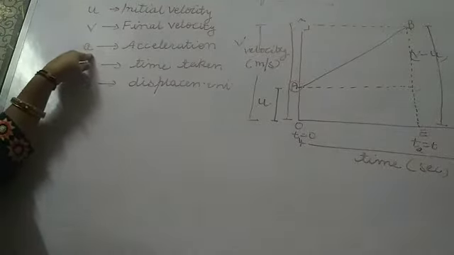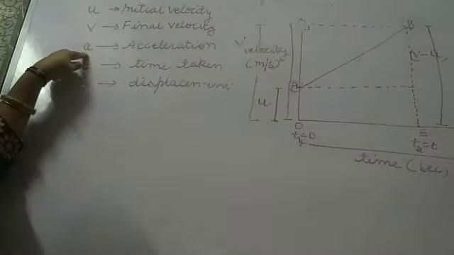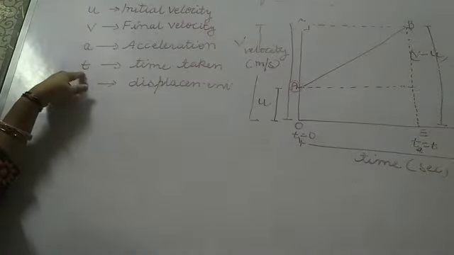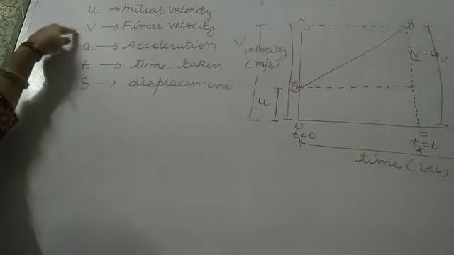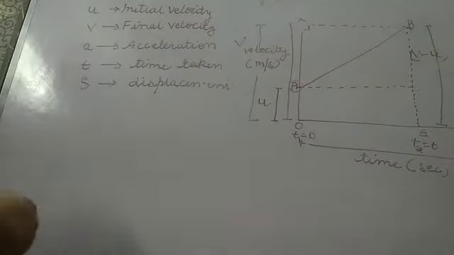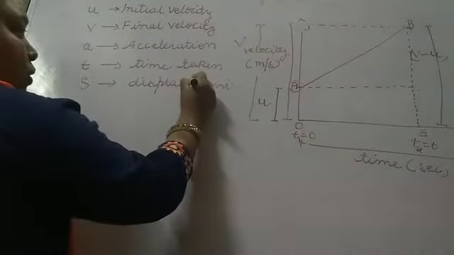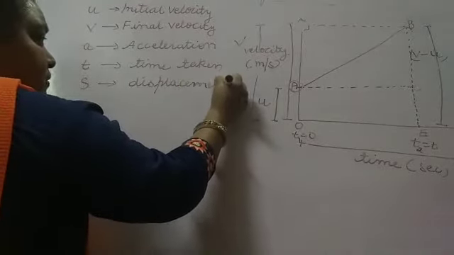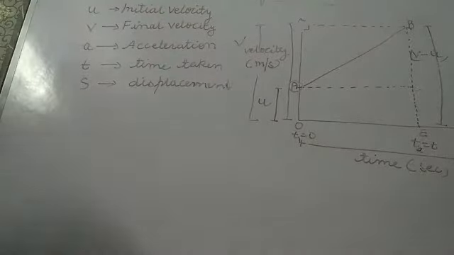Then a is the acceleration, t is the time taken to go from u to v, and s is the displacement here.